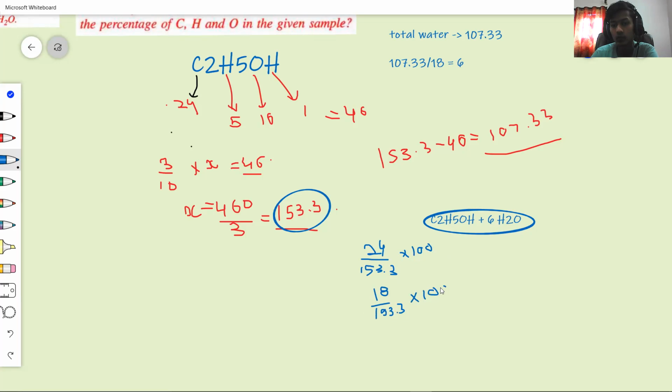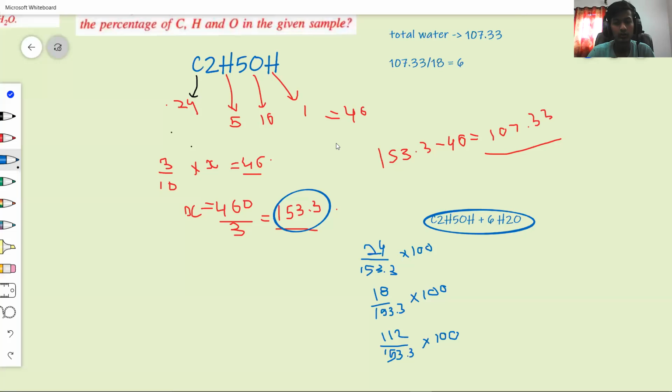The next thing we have is O. We have 1 O and we have 6 O. In total we have 7 O. 7 into 16 will be 112 by 153.3 into 100, right? So through this we'll know the percentage composition of individual compounds.